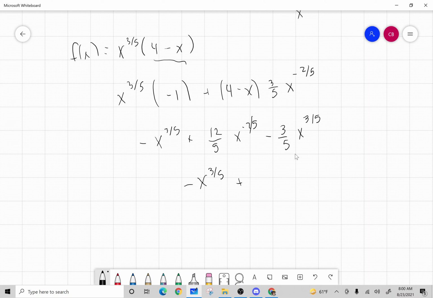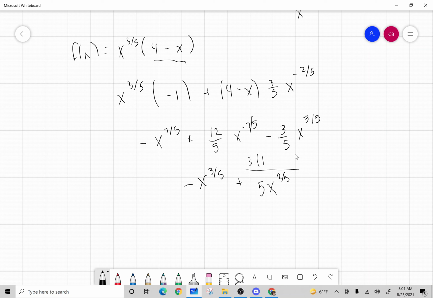We can factor out x to the -2/5, so x to the 2/5 on the bottom, over 5, because that's in both of these. And it's going to leave us with, we could factor a 3 out, 4 minus x again. Maybe I shouldn't have foiled this out and distributed this to these two things. That's probably the better way to do this.